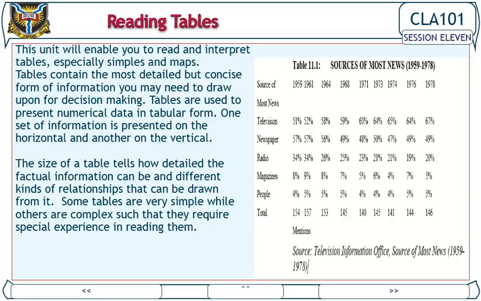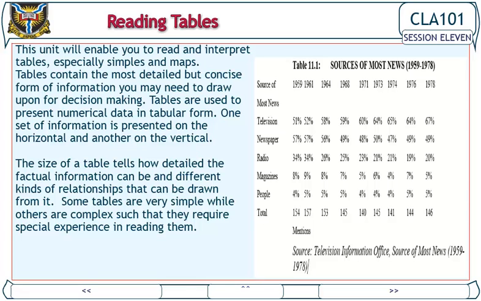One set of information is presented on the horizontal and another on the vertical. The size of a table tells how detailed the factual information can be and different kinds of relationships that can be drawn from it. Some tables are very simple, while others are complex, such that they require special experience in reading them.